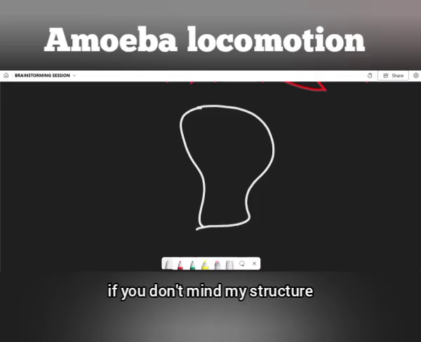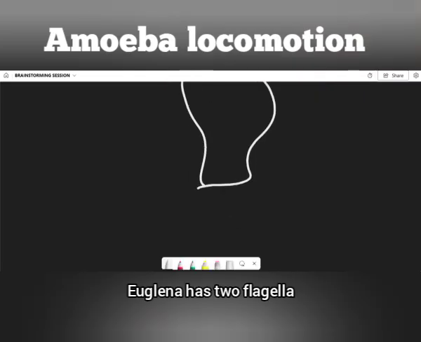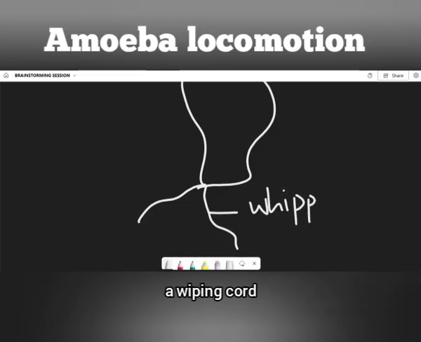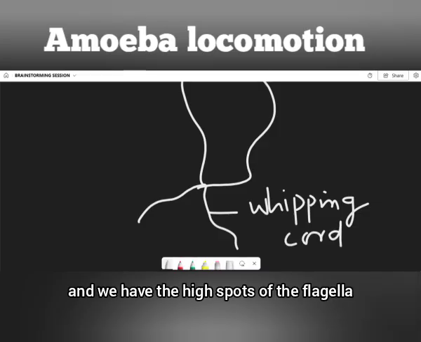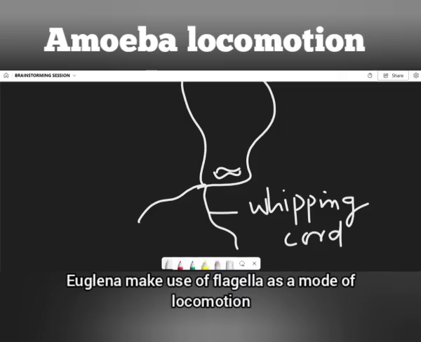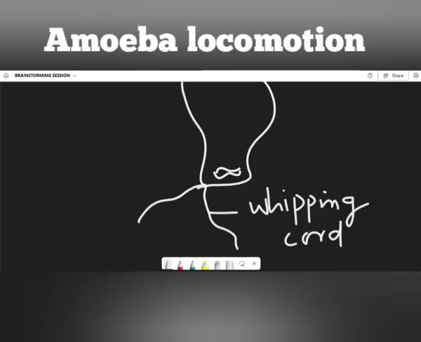Please don't mind my drawing. Euglena has two flagella at the side, like a whip cord. And we have the eyespot at the side of the Euglena. So Euglena makes use of flagella as a mode of locomotion.